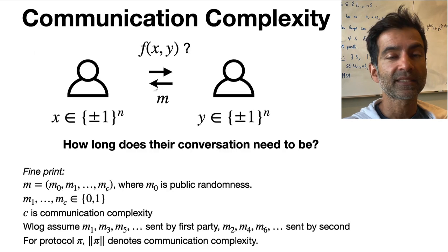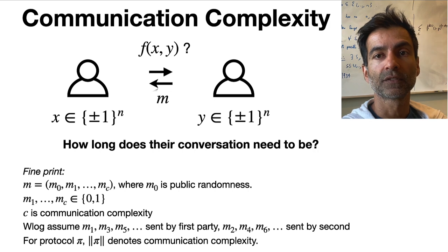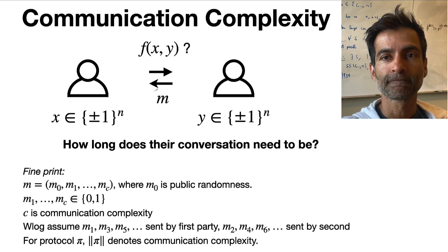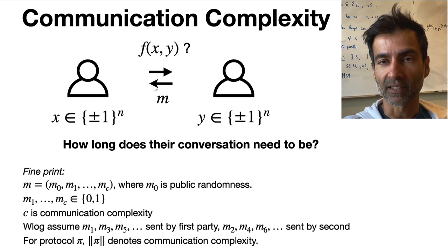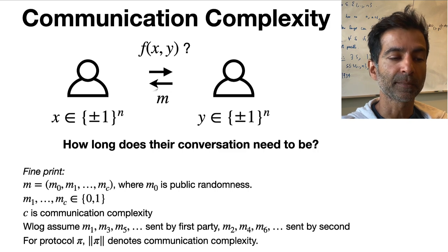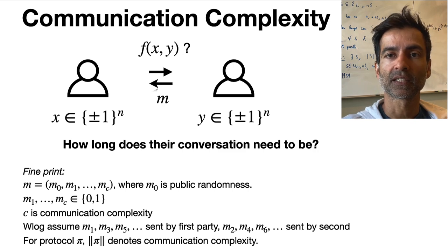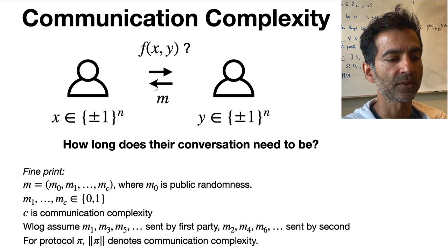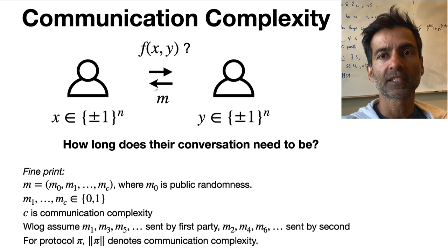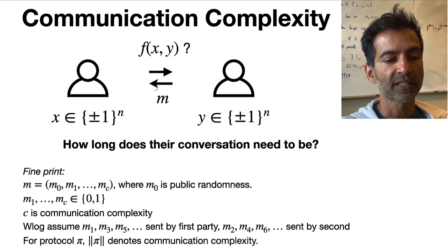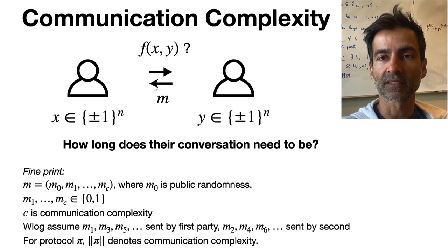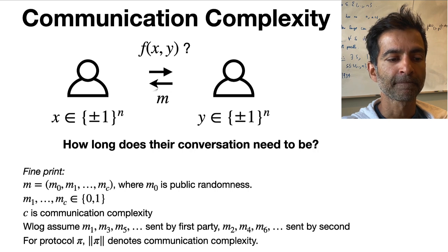Now, we're interested in studying this question in the context of the model of communication complexity. I will not formally define the model of communication complexity, but I'll just give a high-level introduction to it. In communication complexity, you have two parties, one who has an input x and the other has an input y. Think of them as n-bit strings.